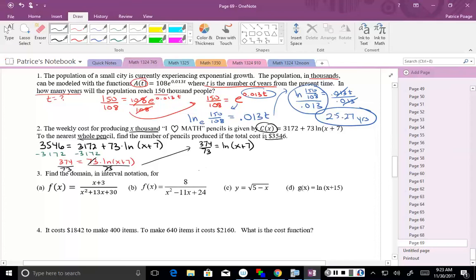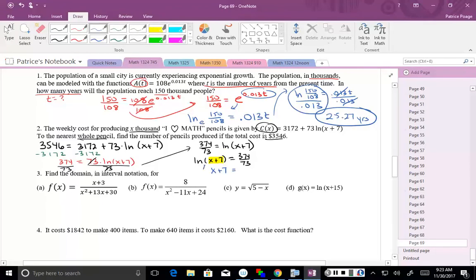When there's a log or natural log in the problem, whatever it's the log of is the boss. So my boss is currently on the right side, and I don't like that. So I'm going to switch places, but that's just me being quirky. And so that's the boss right there, x plus 7. It's going to stay right where it's at.